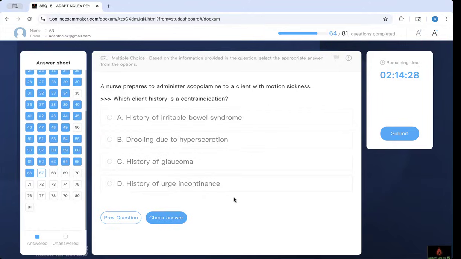But what is the major side effect? It's an anticholinergic. Who cannot take anticholinergics? Irritable bowel syndrome, we give them anticholinergics, it's good. Drooling, we've got to stop secretions, anticholinergic. Glaucoma, hate anticholinergics. Urge incontinence, you give them anticholinergics. Therefore, which one should we intervene on? Glaucoma.